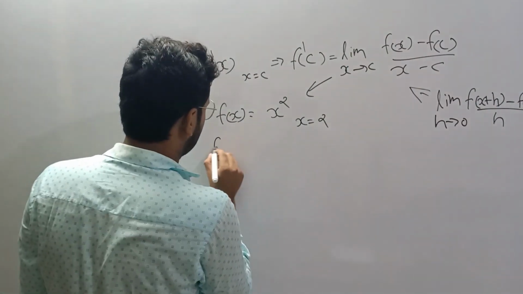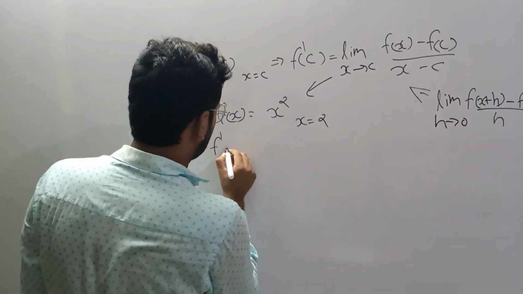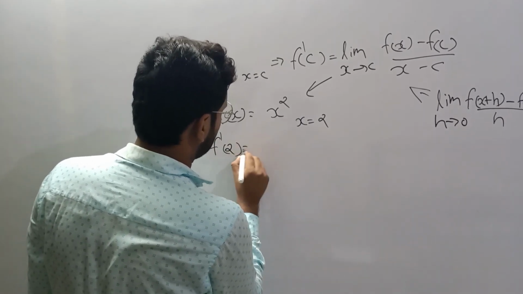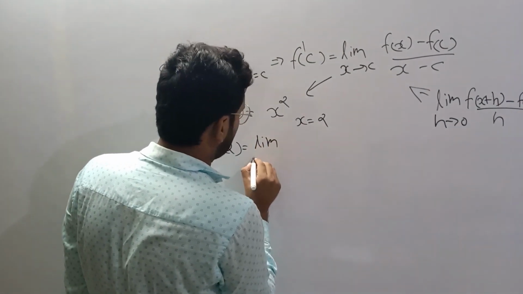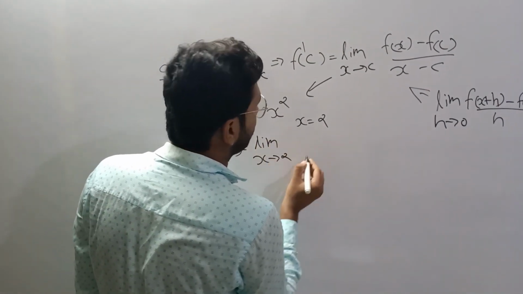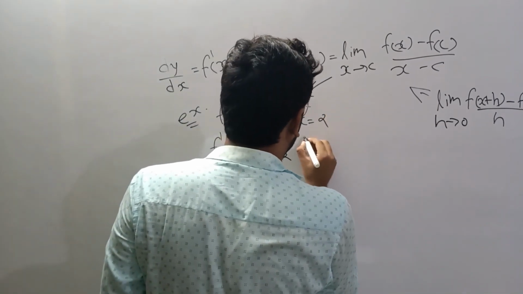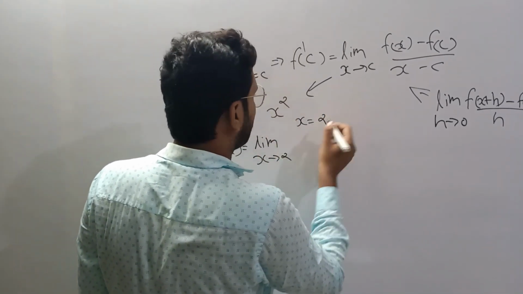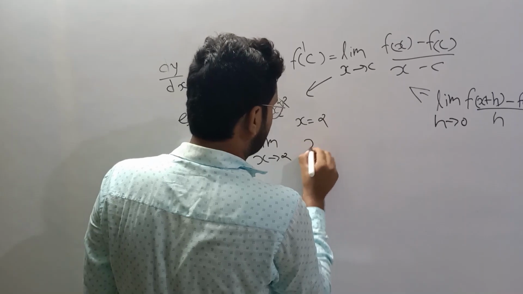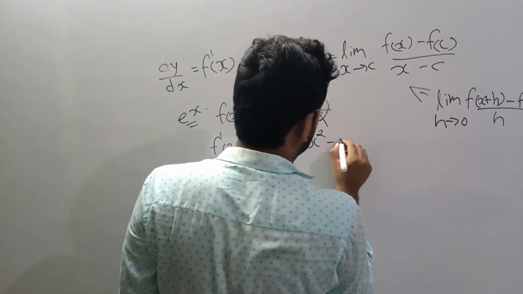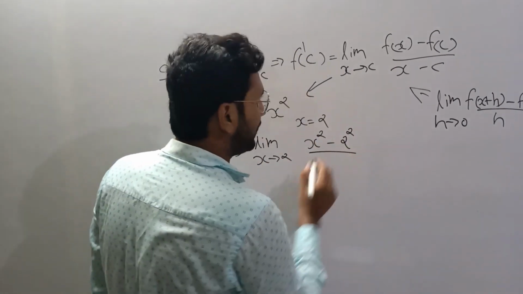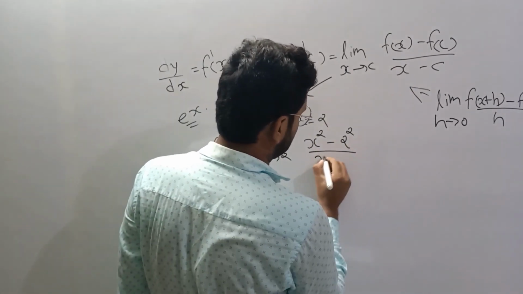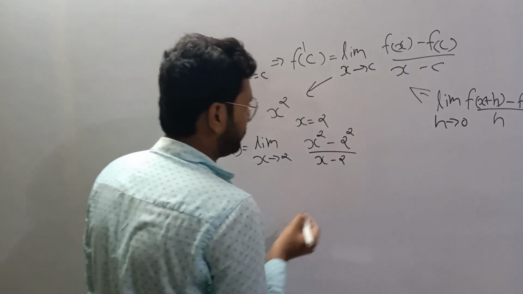So first of all, f dash 2 is equal to limit x tends to 2, f of x minus f of c upon x minus c, which is x square minus 2 square upon x minus 2.